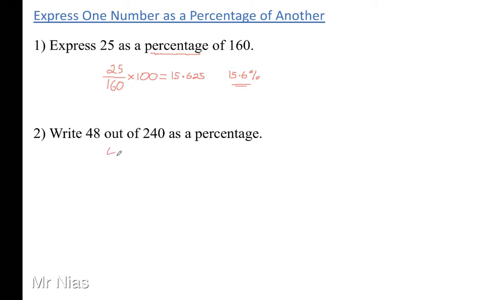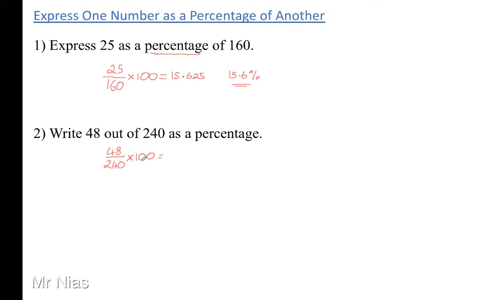We're still setting up our fraction as 48 out of 240, and when you're doing your questions in a bit, I don't want any missing out of the working out. I want all this neatly laid out. And again, to turn the proportion into a percentage, times it by 100. Just do it on the calculator: 48 divided by 240, and then times by 100.